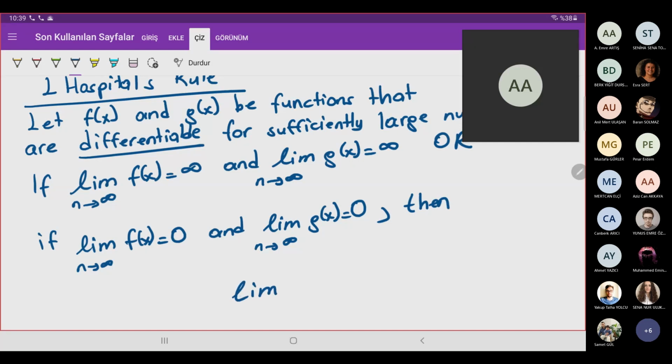High school mathematics, basically. Limit as n goes to infinity, f(x) over g(x) is equal to the limit of the derivatives of these functions.